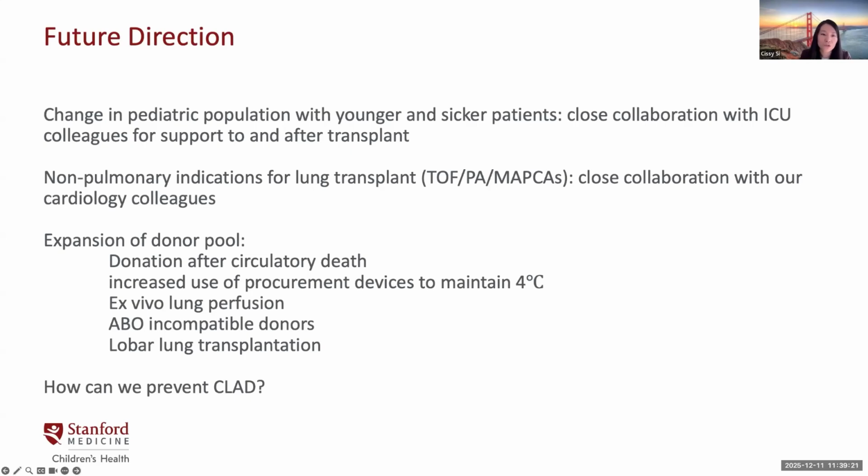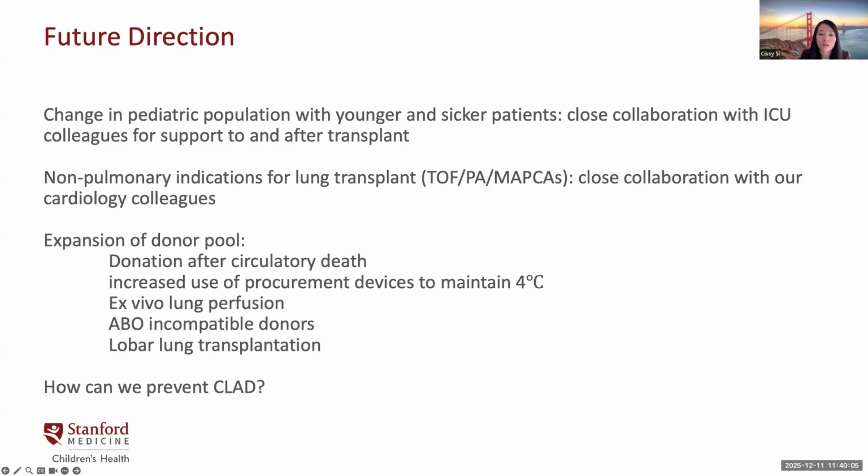Things to consider for the future, and that some centers are already doing, include accepting donation after circulatory death, increasing use of procurement devices such as LungGuard or BarrelGuard, which we do use consistently at the center, using ex vivo lung perfusion to help optimize more subpar donors, as well as thinking about how to use ABO incompatible donors, not only in our infant patient population, perhaps for some of our toddler patients as well, and lobar lung transplantation.